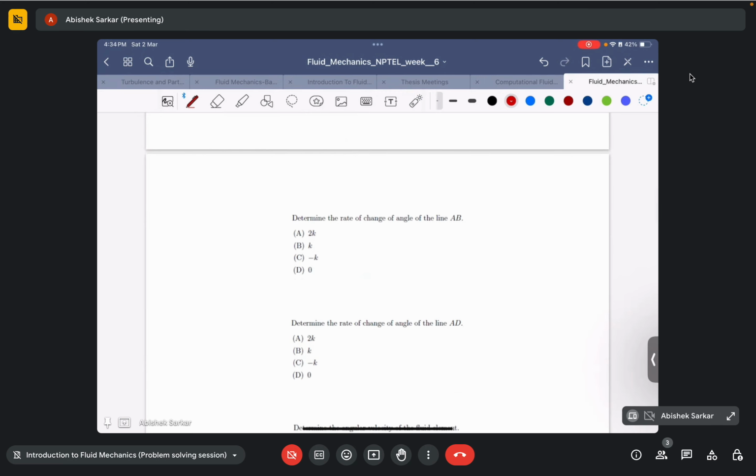Again, we are asked to determine the rate of change of angle of line AB.